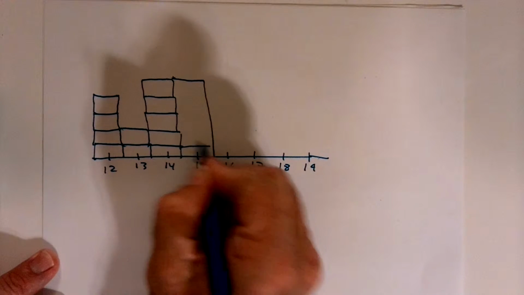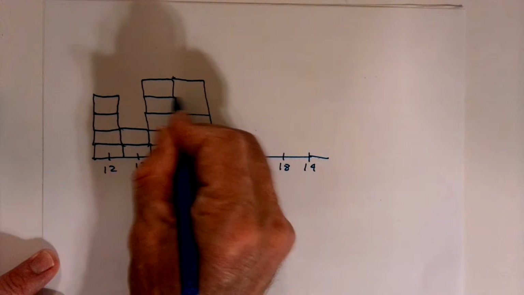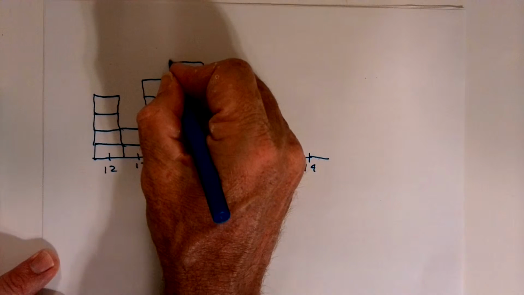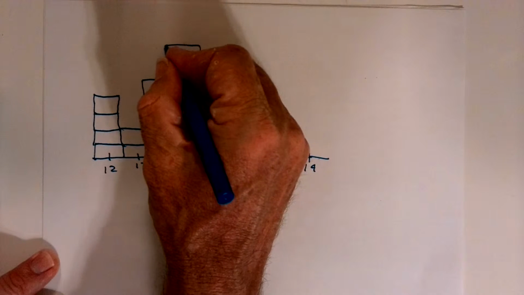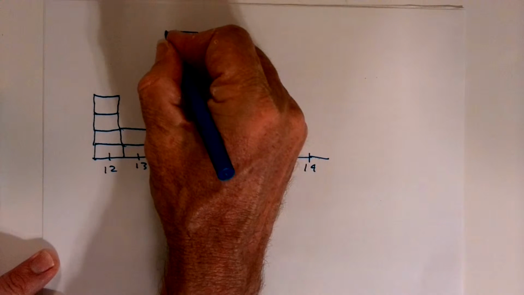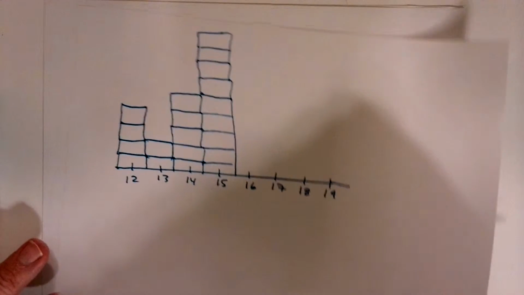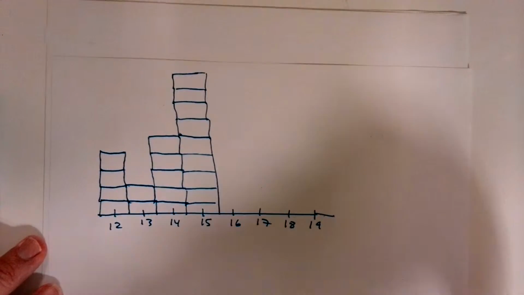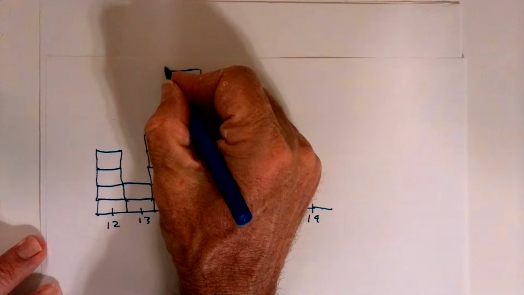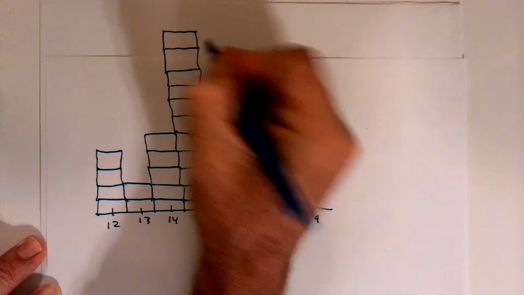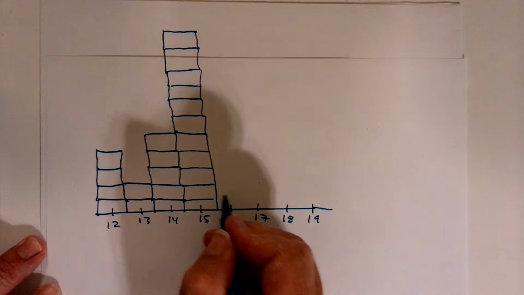So we've got 5 here. 1, 2, 3, 4, 5, and 6 more. 1, 2, 3, 4, 5, 6. Now these are all supposed to be the same size, so use your imagination a little bit.